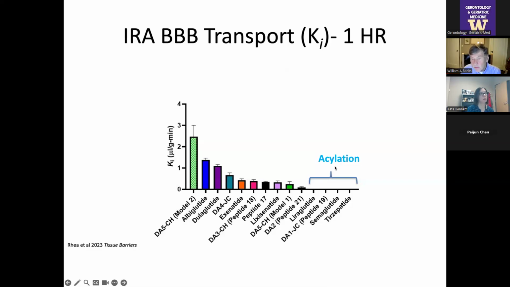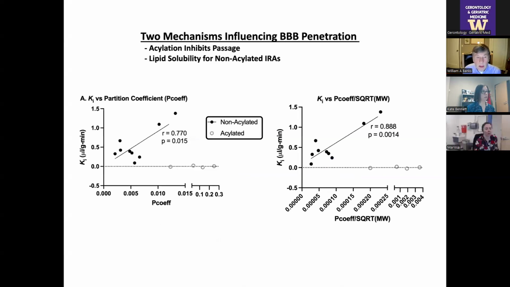And those 4 are all acylated. So in this case, acylation is preventing transport, and maybe that's because they're binding to albumin so tightly that they can't get in. There's no free drug. So how do the rest of them get in? And that, believe it or not, we've just figured out, just this week.